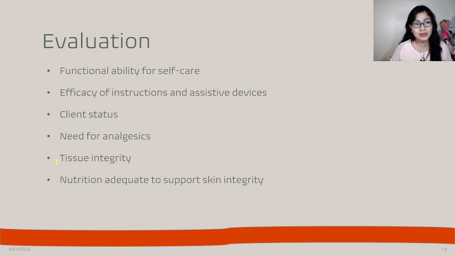How about the tissue integrity? Should there be any alteration of skin condition? You check the skin tissue integrity, for instance, the presence of a wound. Is nutrition adequate to support skin integrity? You also have to check if the client has sufficient nutritional intake.